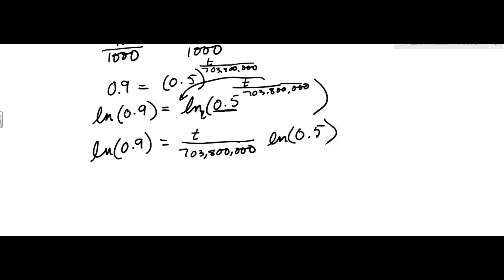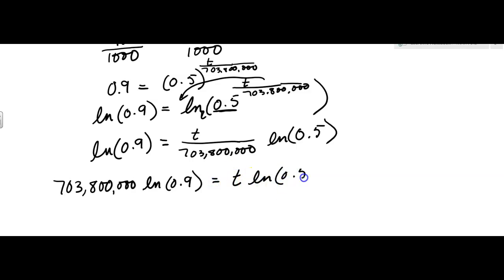So what I really want to do is solve for t. I can multiply by that denominator, 703,800,000 times the natural log of 0.9 equals t times the natural log of 0.5.